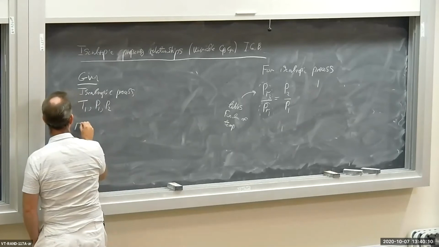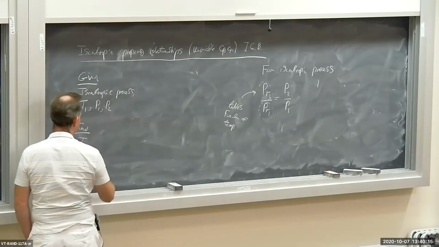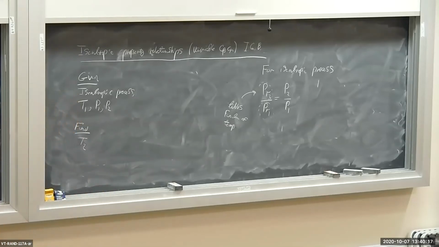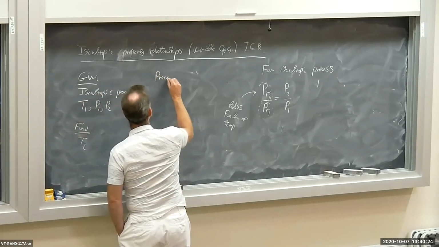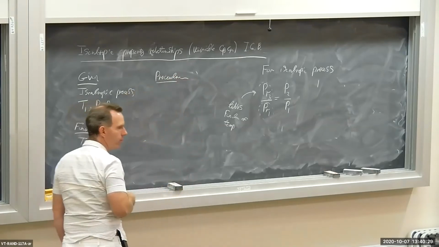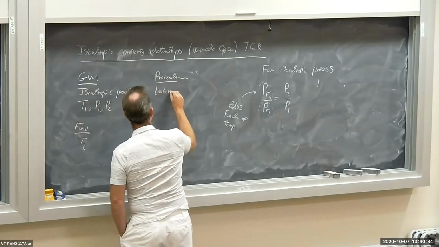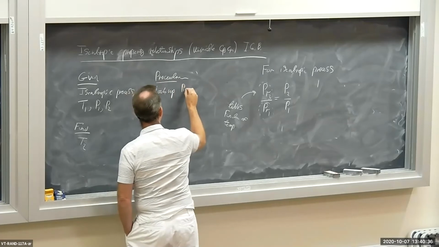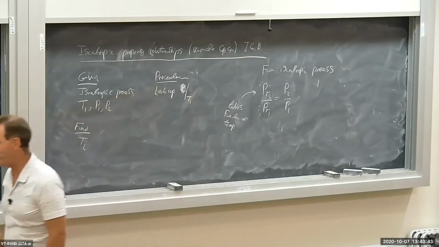And you want to find temperature T2. Well, how would this work? So, procedure. You would first look up reduced pressure PR evaluated at temperature T1 from an IGB table.